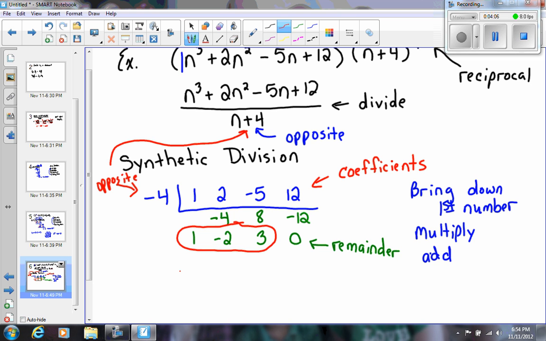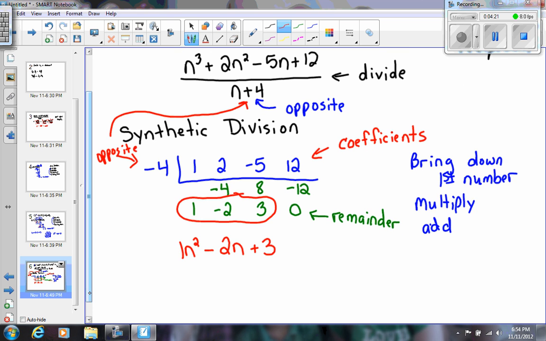So I get 1 n squared. Negative 2 is next, so it's going to be minus 2n, because the power is going to go down by 1 each time. And then the last thing is plus 3. And chances are you won't put the 1 in front. You'll just have n squared minus 2n plus 3.